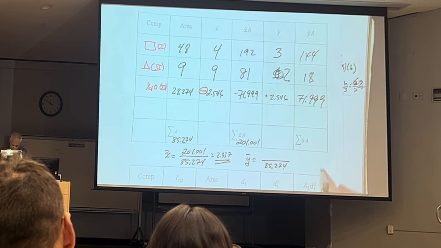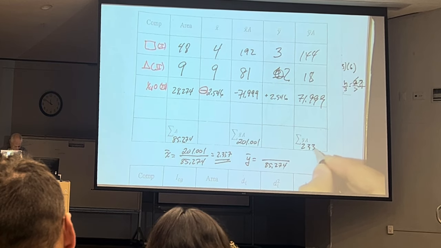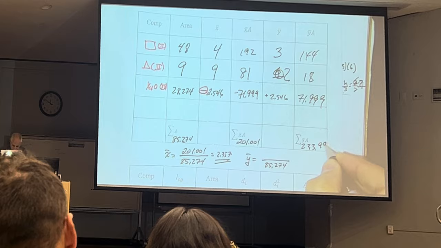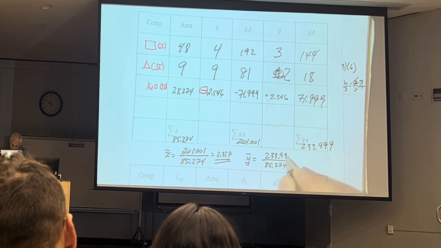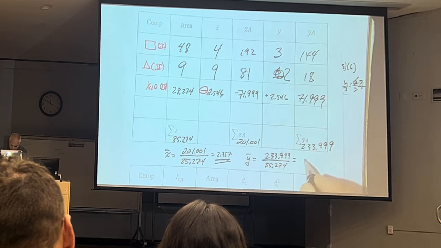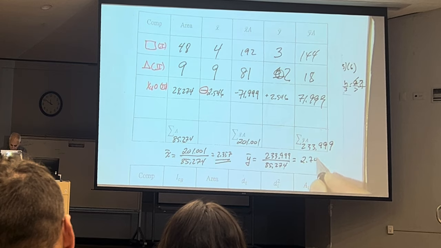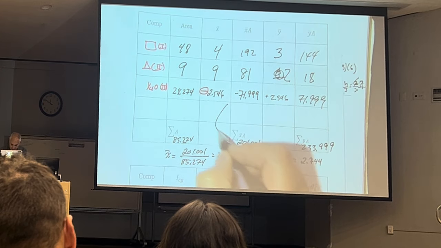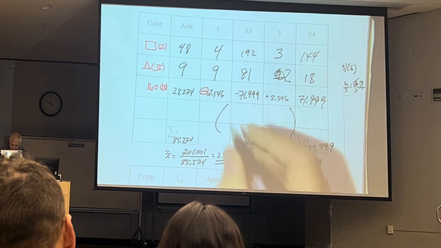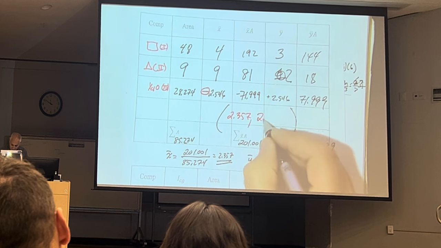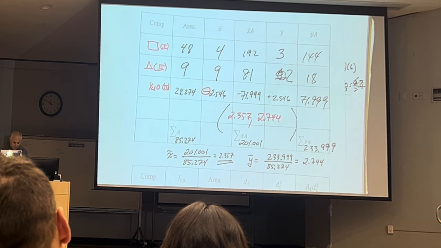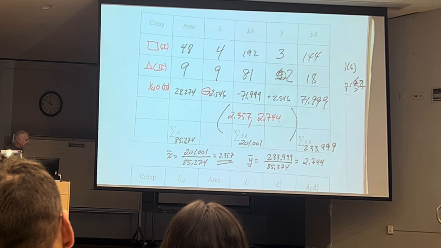Sum, 233.999. 233.999 is going to give me 2.744. So my centroid lies 2.357, comma, 2.744. There's my centroid location.